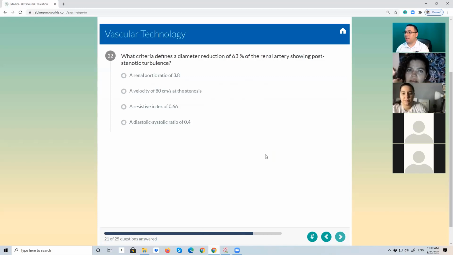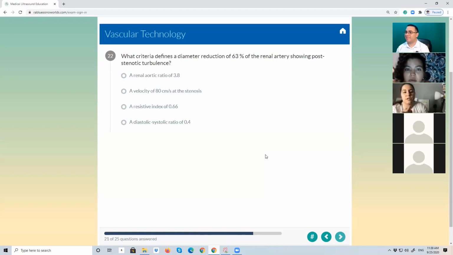There's a criteria for this. 3.5. That's it? What do you mean? The ratio is the 3.5, the renal aortic ratio. If it's more than 3.5, there's a problem. Is that what that question is saying?